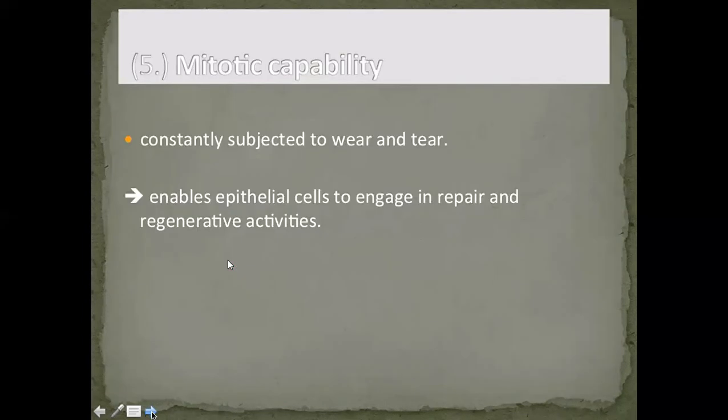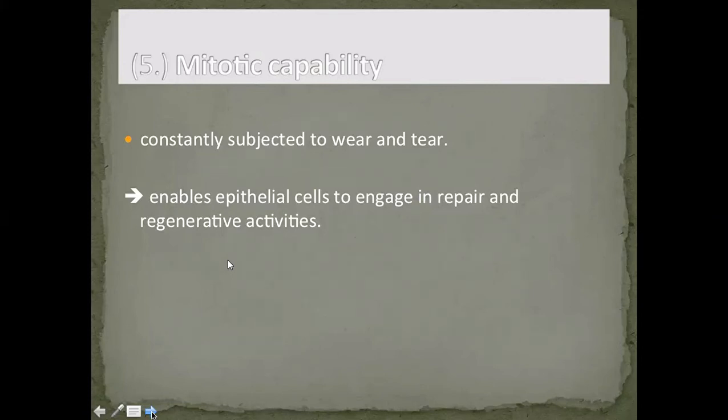And the last characteristic of an epithelium is that they have mitotic capability, which is very good. Because remember, they are lining cells, so they are subject to constant wear and tear. This capability enables the epithelial cells to engage in repair and regenerative activities.